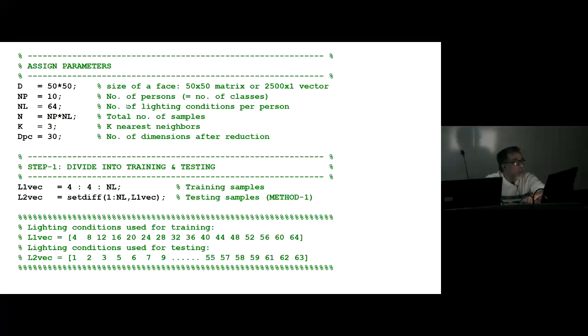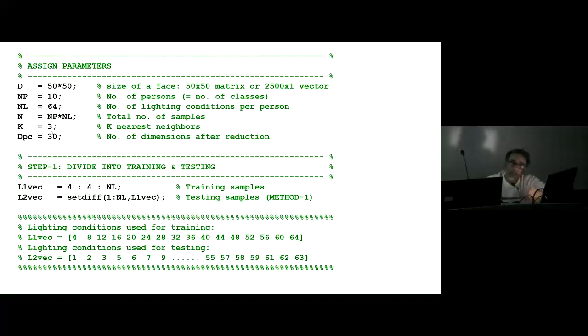This is what I do. D is the number of dimensions, which is 2500. NP equals 10, the number of people, the number of class labels. NL is the number of lighting conditions. The total number of sample points is 640, which is NP times NL.